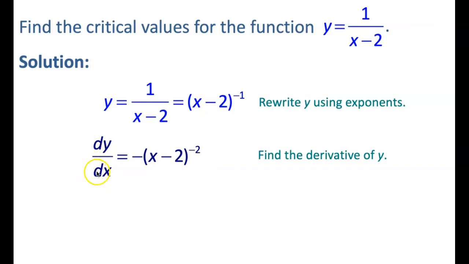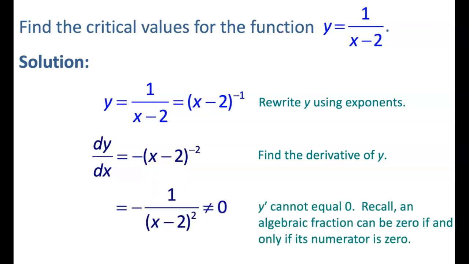All right, so dy/dx is, again, they just use the power rule. So -1 times the quantity x minus 2 to the -2 power. Again, multiplied by the derivative of the inside, but again, that's just 1. All right, so that's our derivative. So to find the critical values, we want to set that equal to 0.